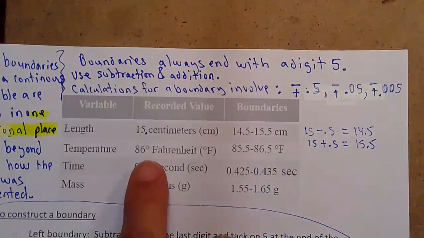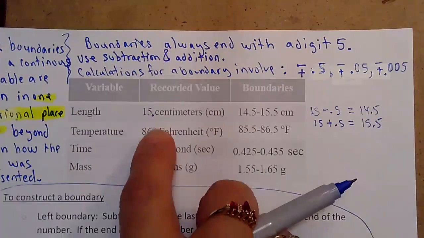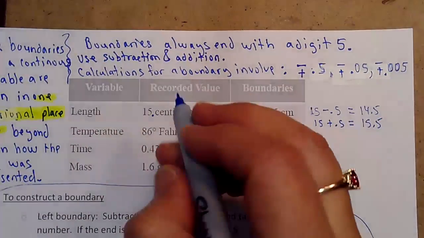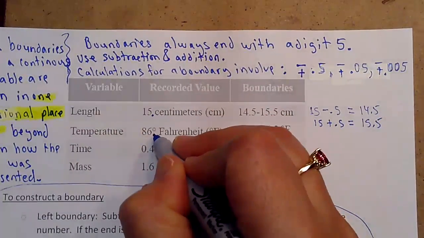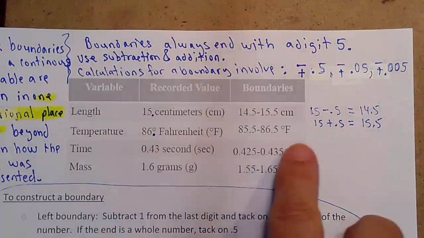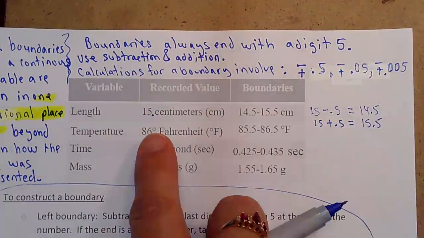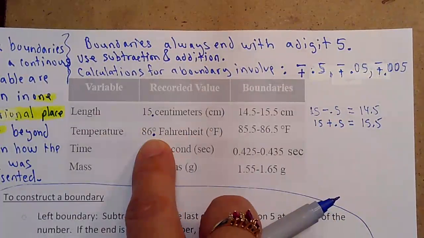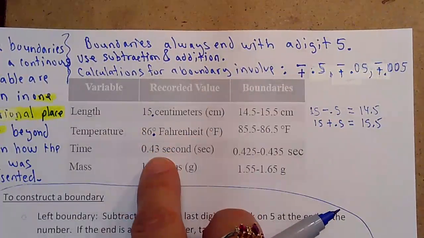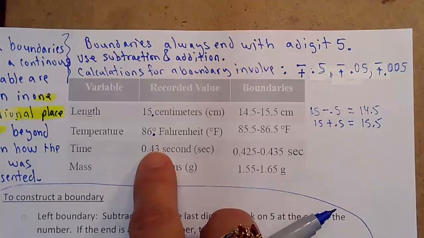Okay. I'm not going to do this one because it would be similar. It's already 86, like a decimal there. So this one you would also subtract 0.5 and add 0.5 to 86, so one decimal place beyond that. Okay, that's the same. But I will do this one. This is tenths, hundredths.